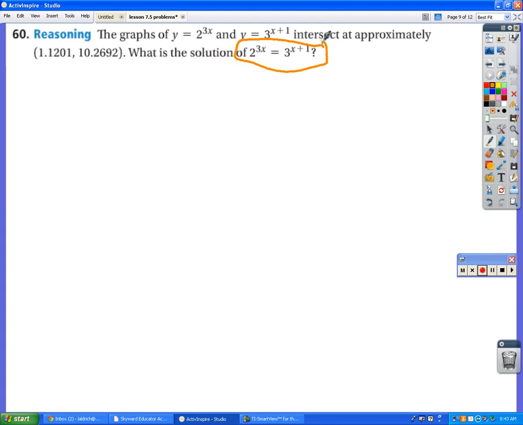X. Which one of these two things is the x? The first one, and so that means the solution to that system would be x equals 1.1201. Where the graphs intersect is the solution to the equation.